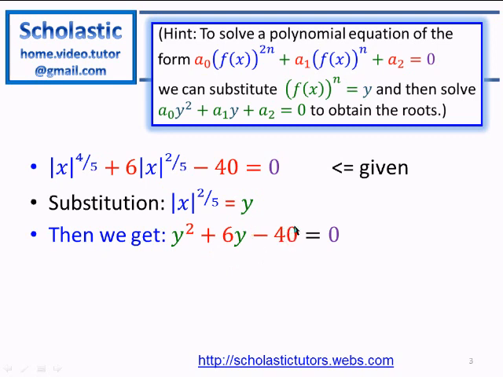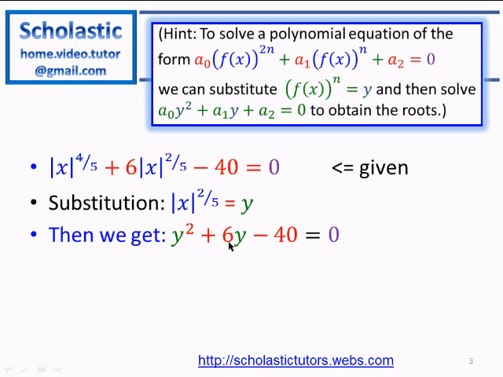So we need to find the factors, and here 40 can be 1 times 40, 2 times 20, 4 times 10, 5 times 8. But we need to make sure that we get the middle term when we combine those two factors. So I think we can select 4 times 10. If we take 4 and 10, we get 10 minus 4 is 6.